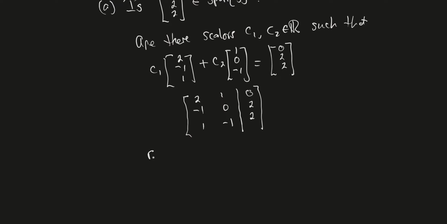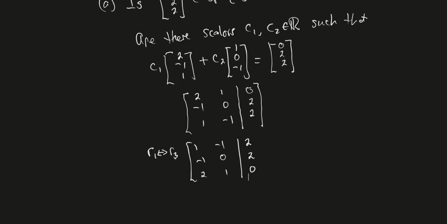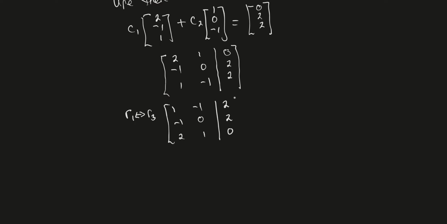I'm going to go ahead and do a row swap. So let's swap the first and third rows. So we get 1, -1, 2. And then the second row stays the same. And then the third row is now 2, 1, 0. So now let's use that 1 as our pivot and eliminate the -1, eliminate the +2.